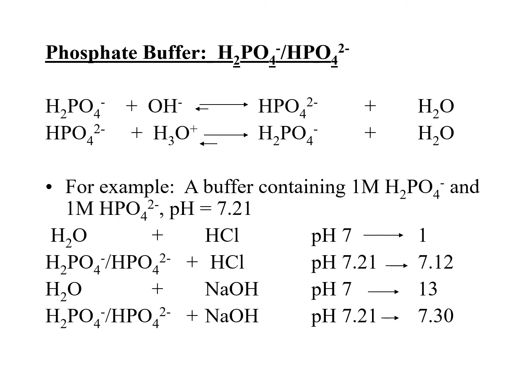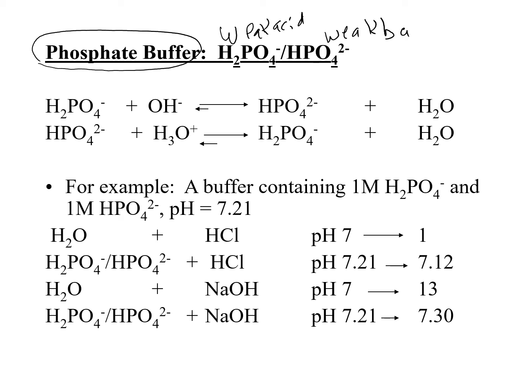A phosphate buffer system is what we have in our bodies that can help us regulate our pH. The phosphate buffer system is made of a weak acid and its conjugate weak base, because again, that's what our buffer is. It's a weak acid and its conjugate weak base. And just to illustrate again how this happens, here we have our acid.